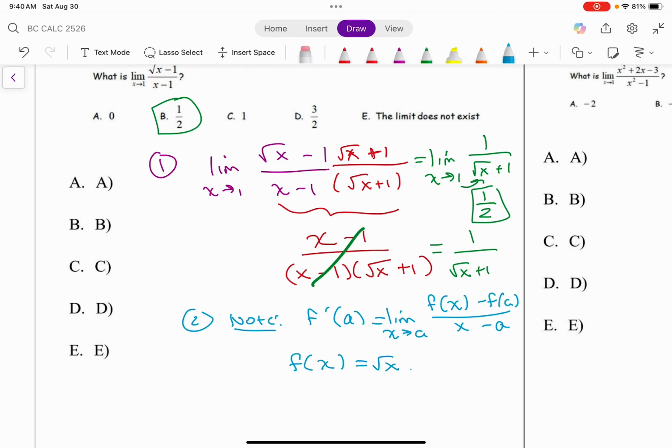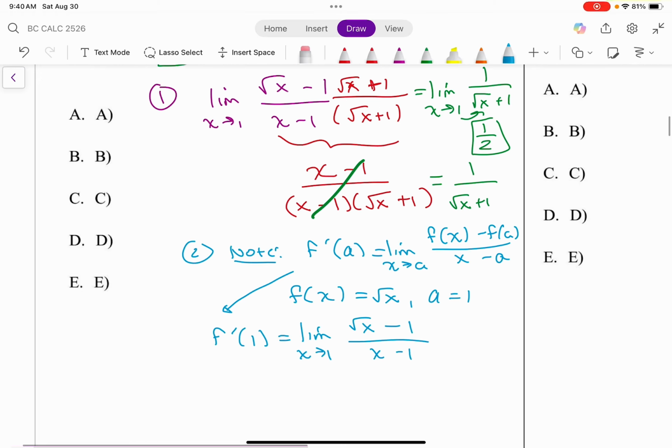Our a is 1. So just to make that clear, we're saying f prime of 1 is equal to the limit as x goes to 1 of root x minus f of a, so f of 1, which is root 1, which is this, divided by x minus 1. That's the limit we're looking at.